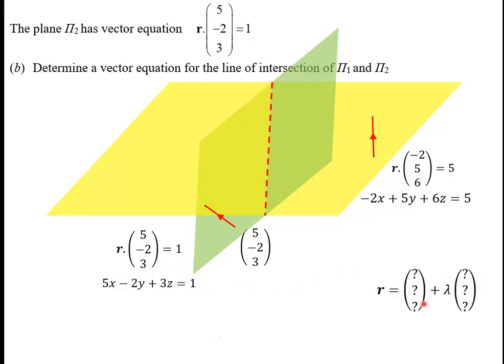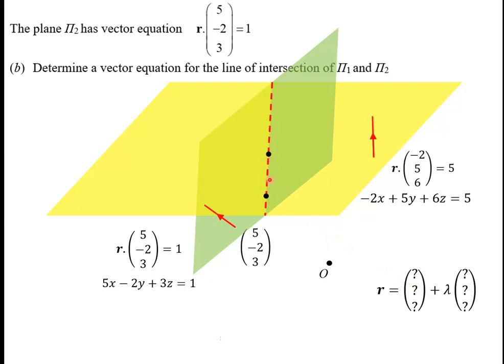Now the vector equation of the line is going to look like this. I need a vector that takes me onto the line, and a vector that takes me along the line, in the direction of the line. Here's the origin. I could find 2 points on the line and use this one for the position vector of the line.